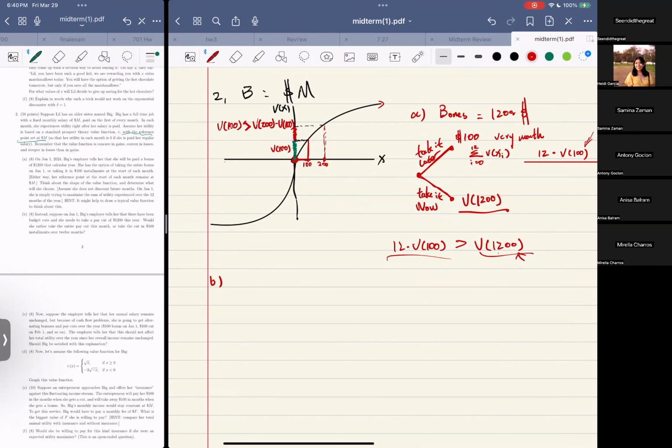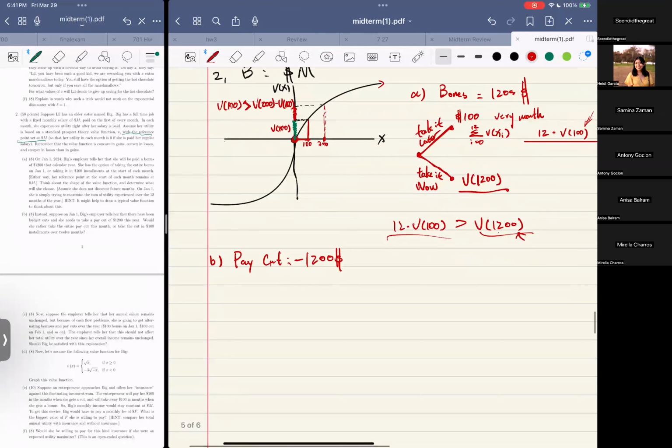Suppose on January 1st, Big's employer tells her that there has been a budget cut and she needs to take a pay cut of 1200 this year. Would she rather take the entire pay cut this month or take the cut in $100 installments over 12 months? Oof, so we have a pay cut. Same thing as the previous one.